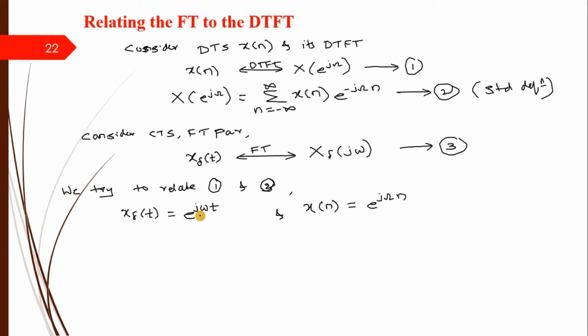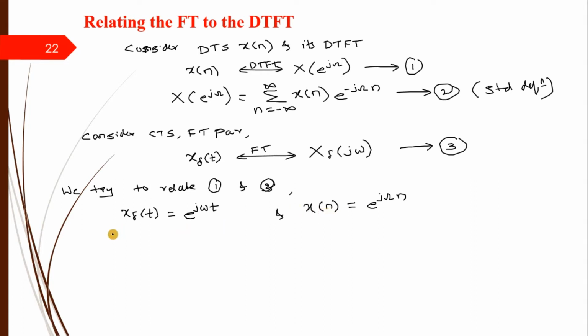If it is continuous time, the input is given in this fashion; if it is discrete time, it is given in this fashion. Now we want to relate them, because in real time we have a continuous time signal, but our hardware, our processor, our program, everything can work only on discrete time signals. Hence I need to derive the relation between these two things.